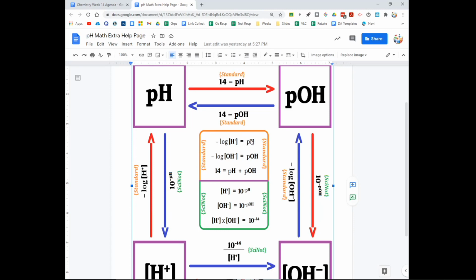If you're trying to find pH or pOH, you want to be in standard notation on your calculator. If you're trying to find the concentration of hydrogen, the concentration of hydroxide, or switch between the two, you want your scientific notation. So whether you're in standard notation or scientific notation, it should tell you each time here on the map what you should be in. And this is how we can go from pH to pOH to the concentration of OH to the concentration of H back to pH.